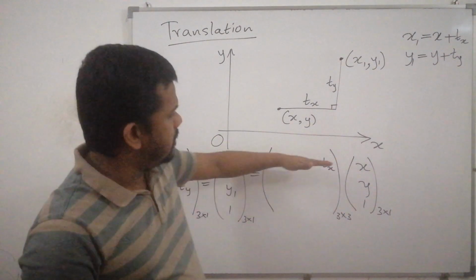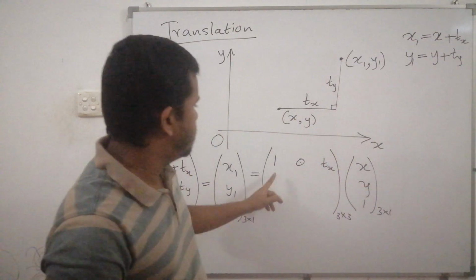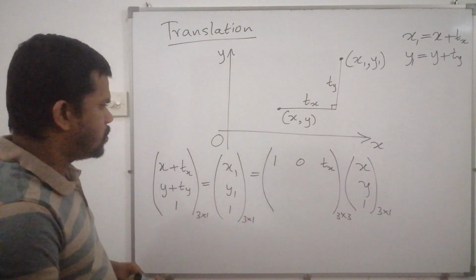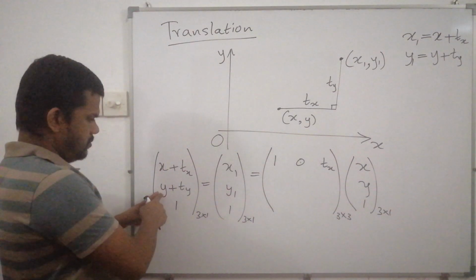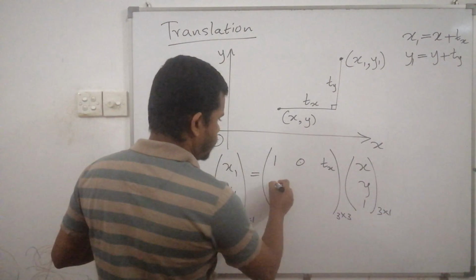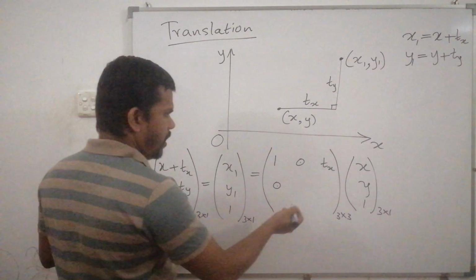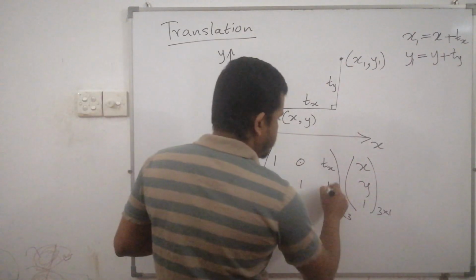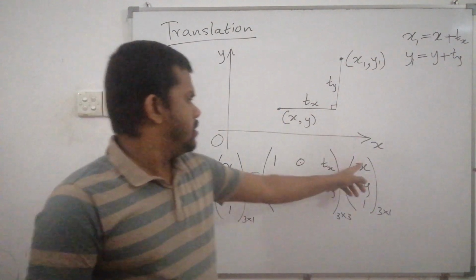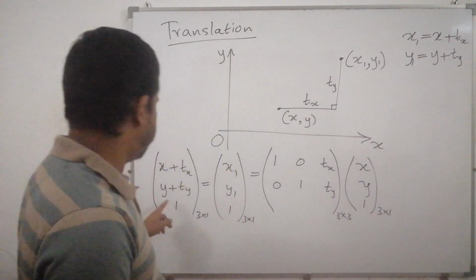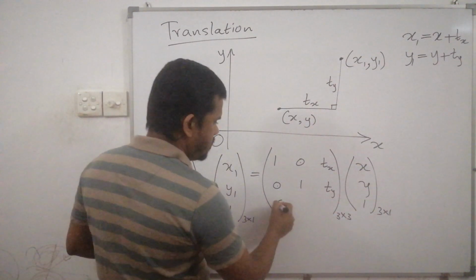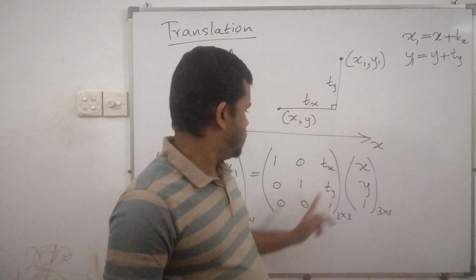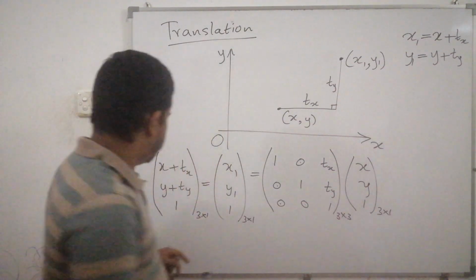So if we multiply first row by first column, you get x plus tx. Second row, we do not have x terms, therefore here it is 0, y terms 1 y, then here it should be ty, y plus ty. Now finally, in order to get 1, 0 plus 0 plus 1, we get this.